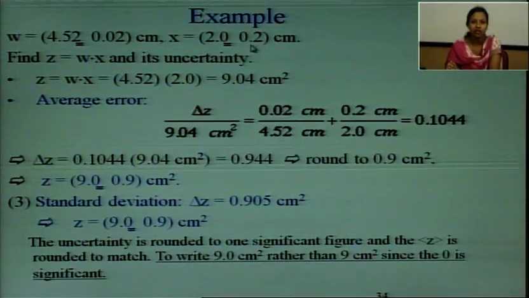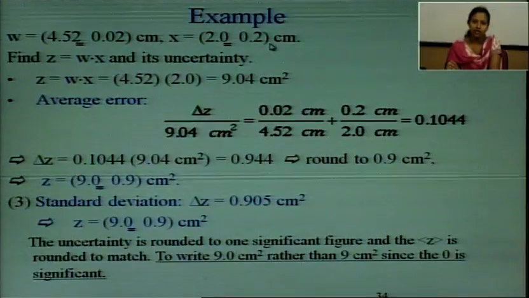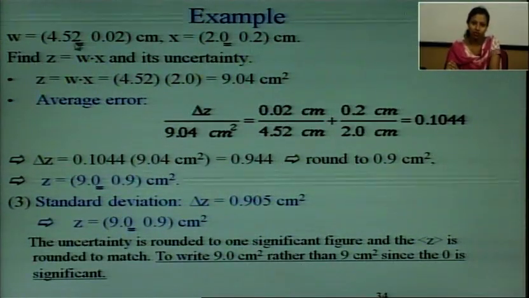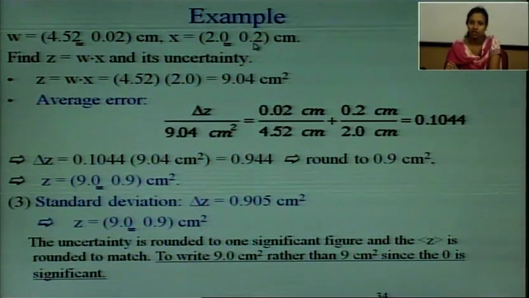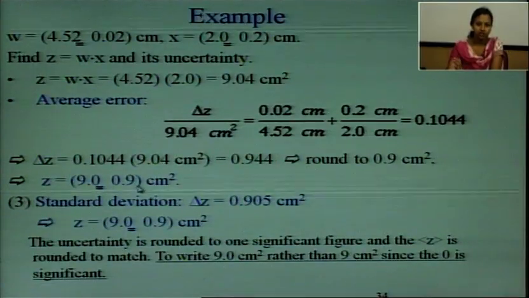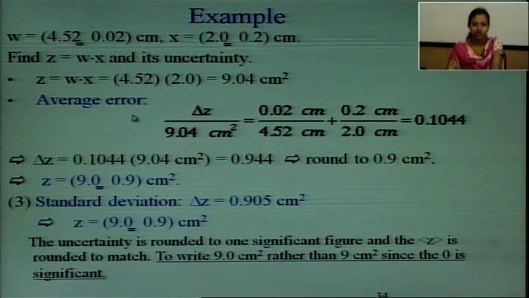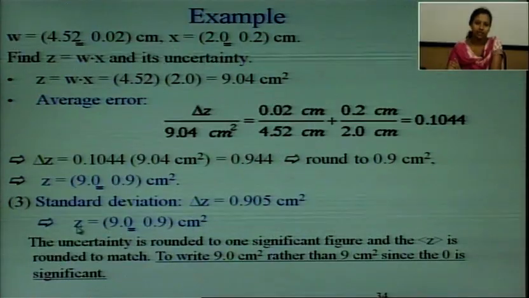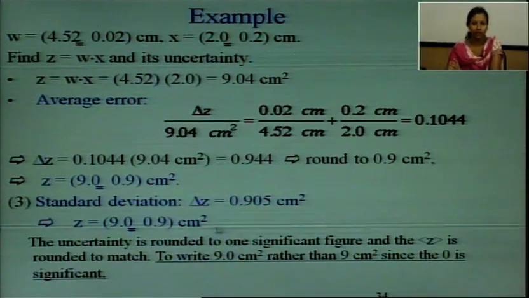This is because of the least precise of these two: the precision here is 1 decimal, here it is 2 decimals. So the final answer is least precise, 1 decimal. So Z is equal to 9 plus minus 0.9. If we take standard deviation instead of average error, it is equal to 0.905. So Z is equal to 9 plus minus 0.9.